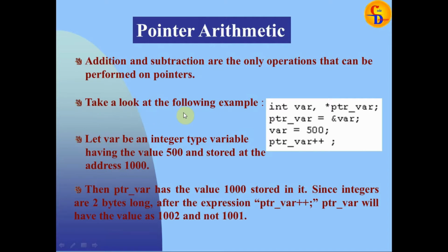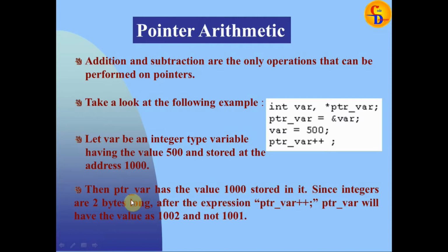Take a look at the following, the next one. Let var be an integer type variable having the value 500 and stored at an address, for example address 1000. Then the ptr_var pointer variable has the value 1000 stored in it.